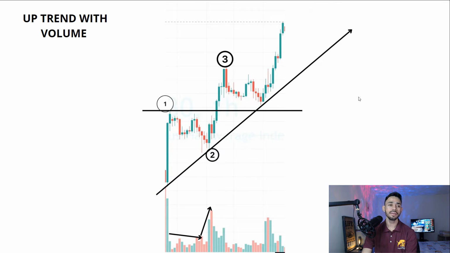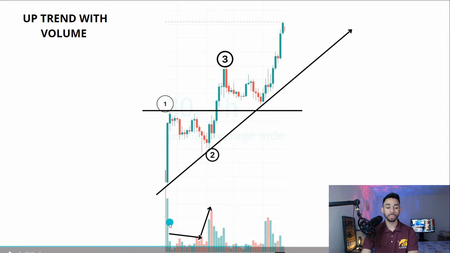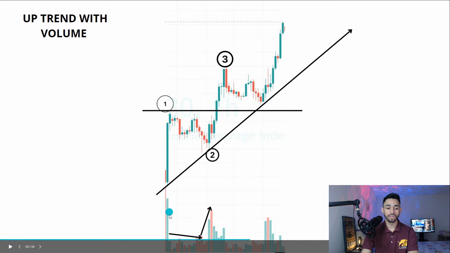Okay, and how would the volume look when we're trading an uptrend? Simply, the initial move is strong, as I told you, with a very high volume. If you look here, we have the initial move with very strong volume.